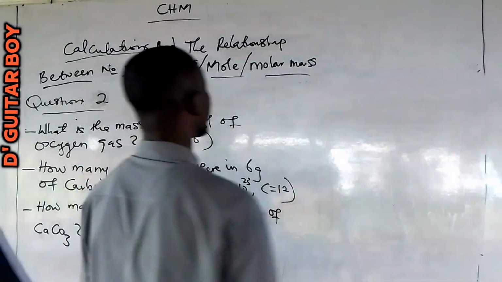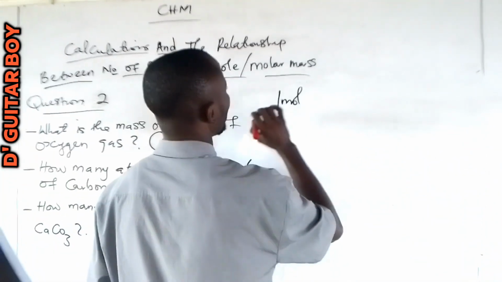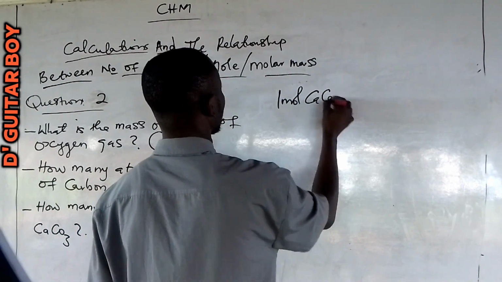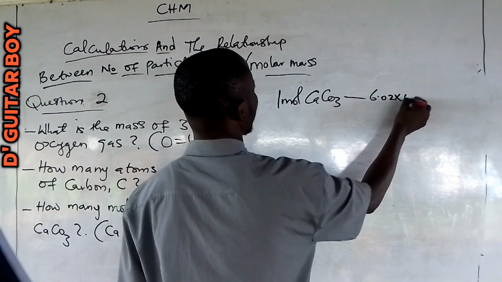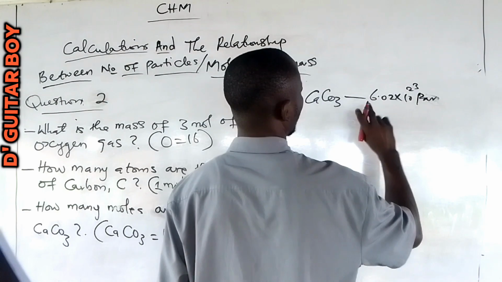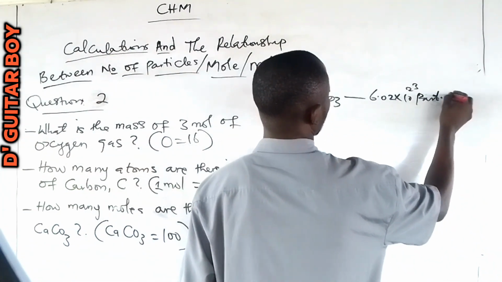So you come here, draw the relationship. You say 1 mole of calcium carbonate gives us 6.02 times 10 raised to power 23 particles.